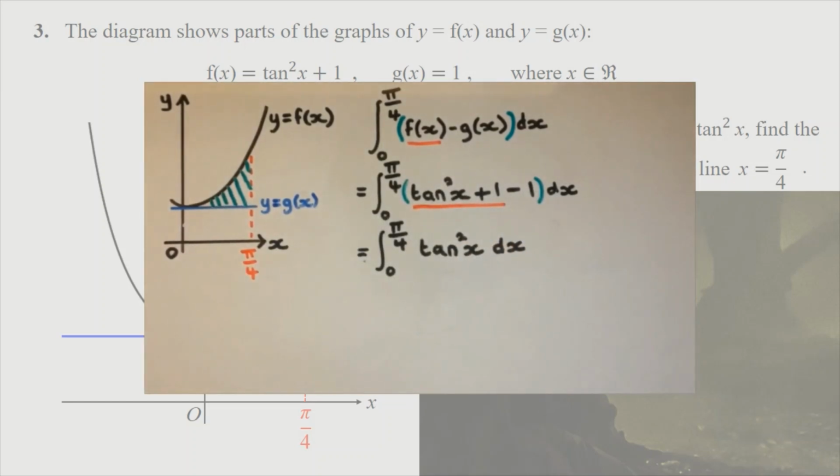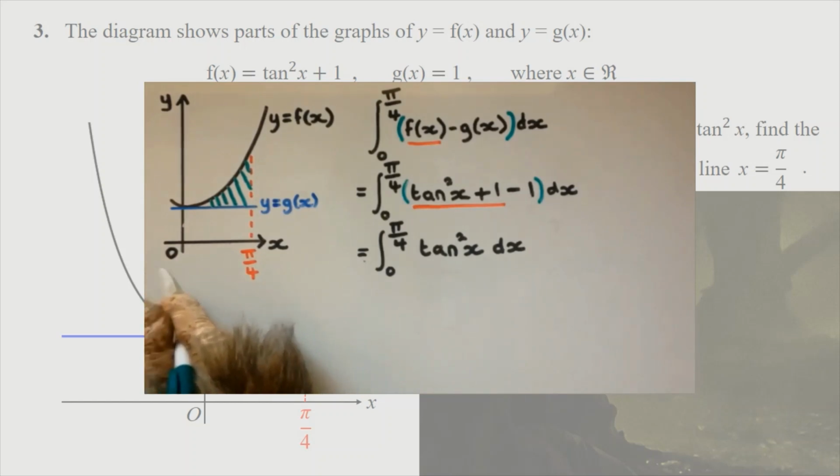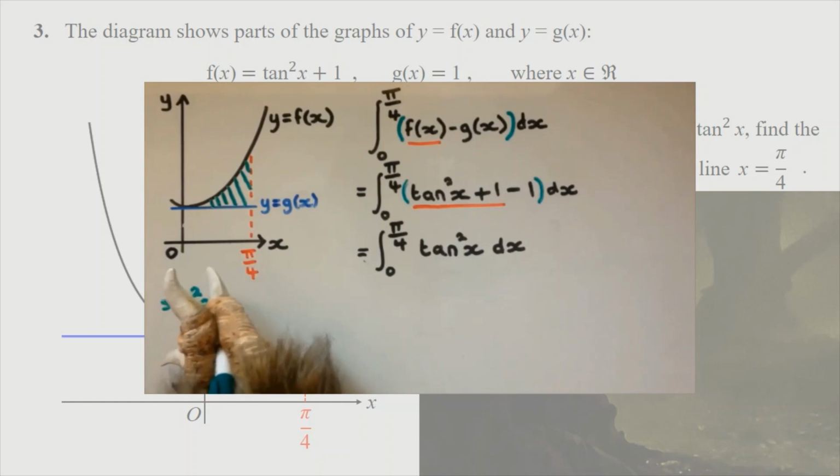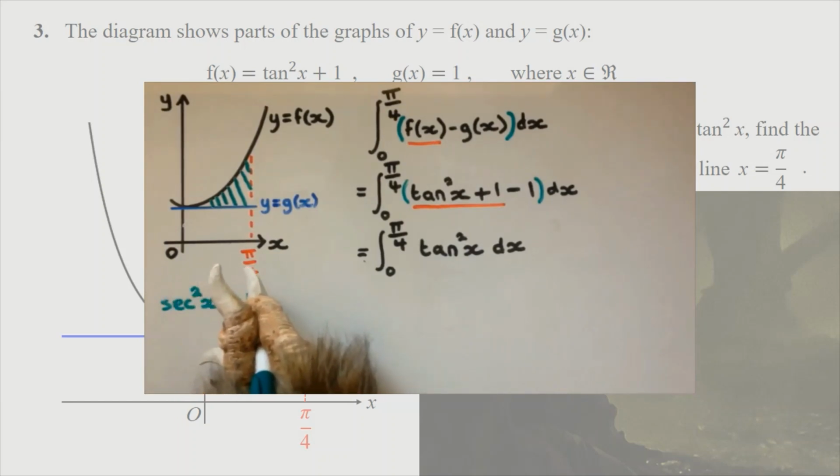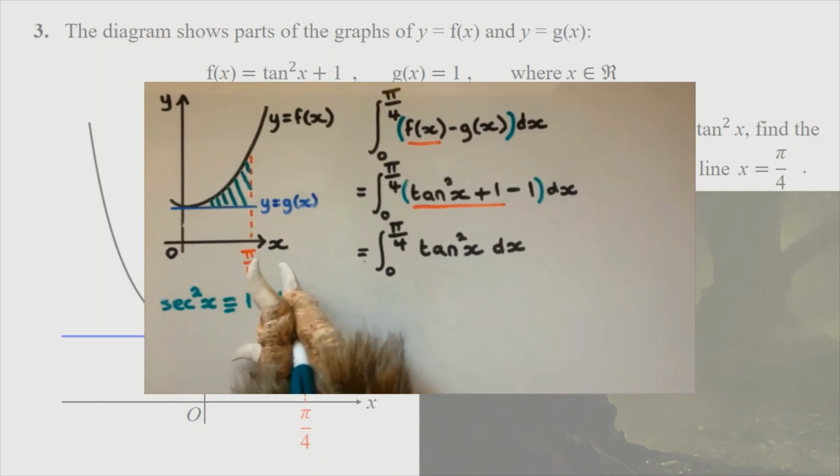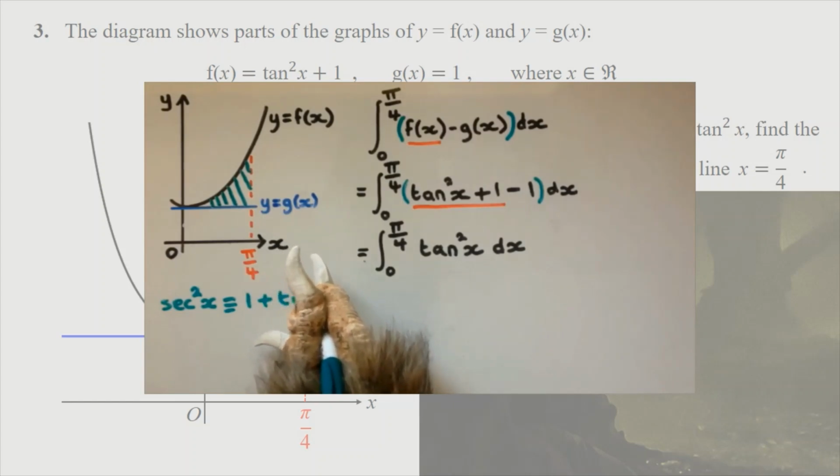Okay. We're then told that we can use a substitution, or an identity. So the identity is that sec squared x is 1 plus tan squared x. If I just rearrange the identity for a second, sec squared x is identical to 1 plus tan squared x.